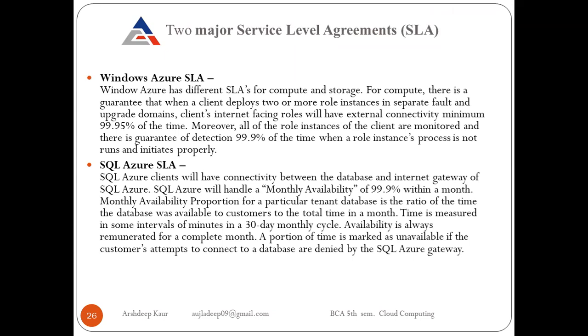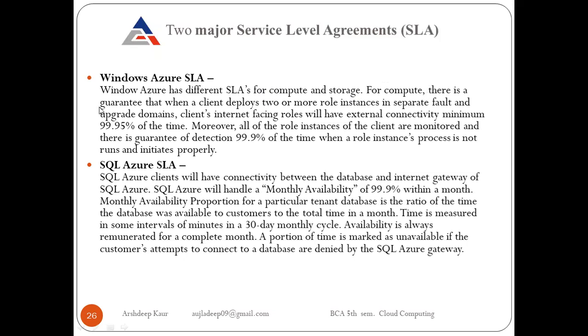First is Windows Azure SLA, second we have SQL Azure SLA. Now we are talking about Windows Azure SLA. It means Windows Azure has different SLA for compute and storage.